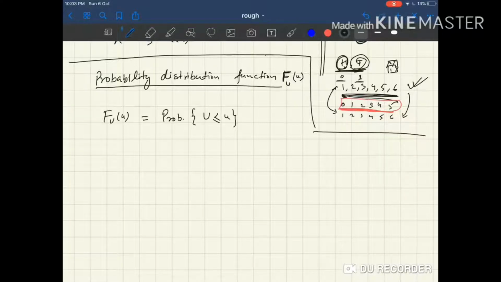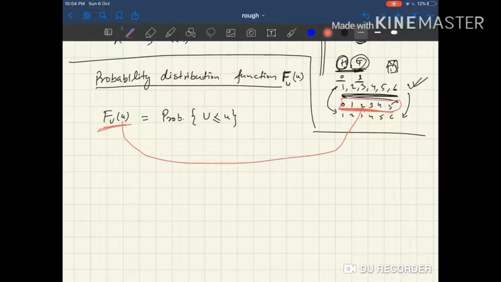So if you want to find, for example in this case, the value of F_U at the point small u, let's say this small u here is 2. So what will be the value of F_U(u)?